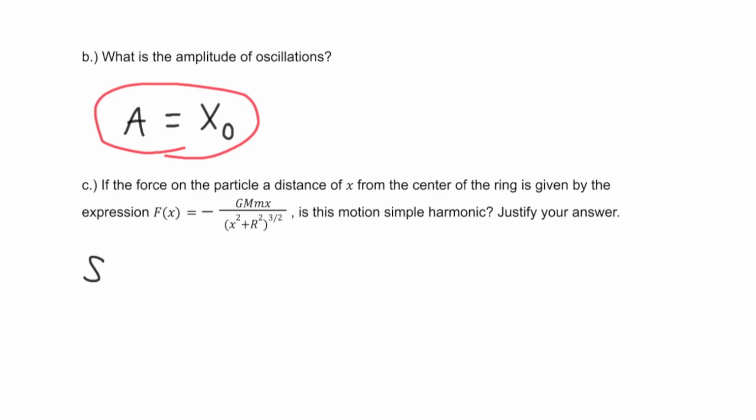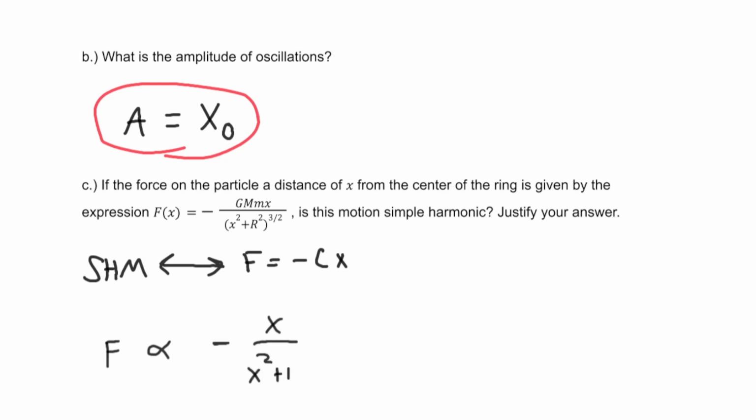So we have that SHM occurs if and only if force is equal to a negative number times the displacement. And this stuff is all constant up here, and so is this r. So we're just basically going to see what the dependence is on x here. Well, we have that force is proportional to negative, not just x, but this other term on the denominator.